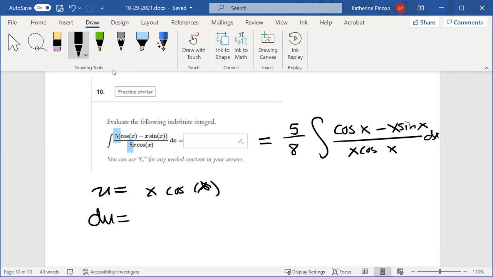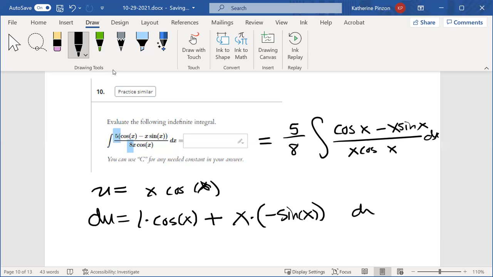So the derivative of x is 1 times cosine x plus x times the derivative of cosine, which is negative sine x. Let's simplify that a little bit. 1 times cosine x is cosine x minus, because it's plus a negative, x sine x dx.